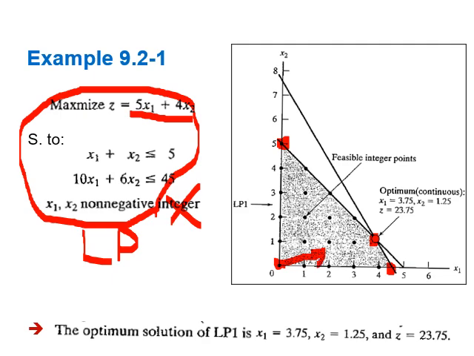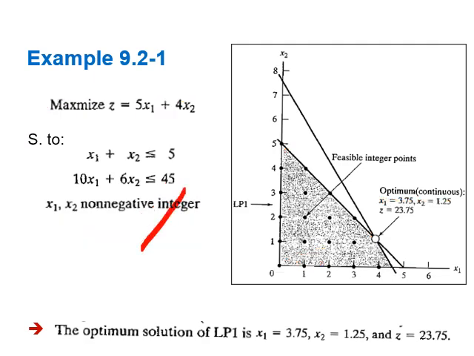Since we are trying to maximize, this solution here becomes your optimum solution for the LP relaxation. At this point, x1 is 3.75 and x2 is 1.25 and z is 23.75. So this is the solution for the LP relaxation. This is the end of the first step.